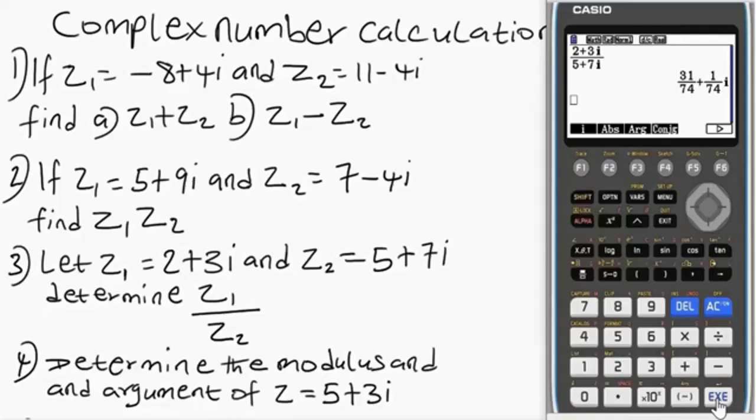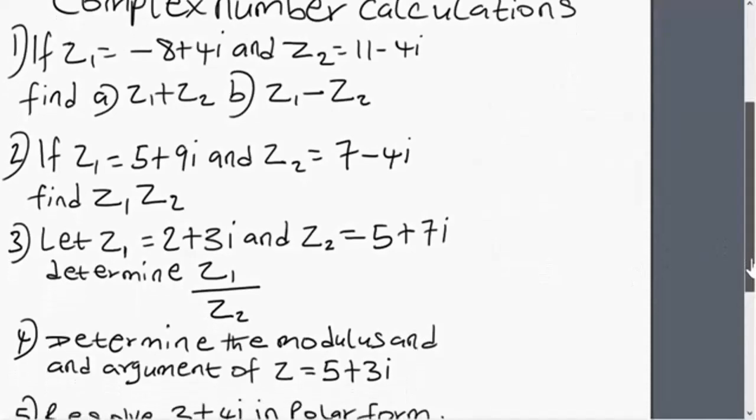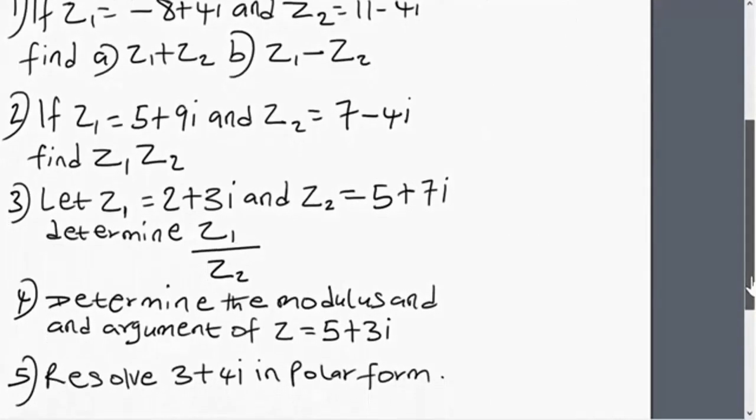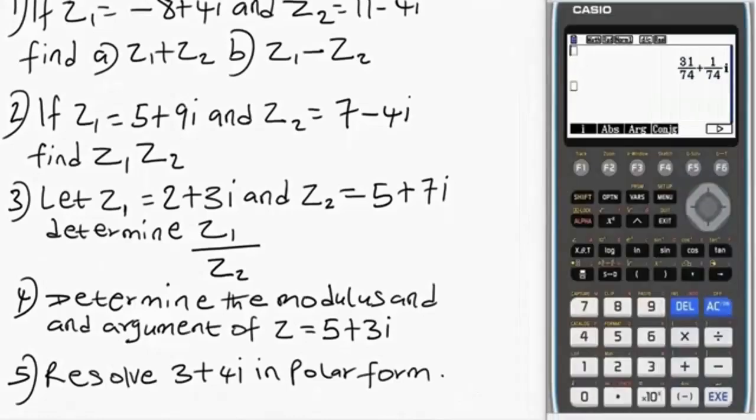Now we are making progress. Let's go to question 4. Let's adjust this here, delete everything here. Very interesting, guys. Now for question 4, it says determine the modulus and argument of this complex number z equals 5 plus 3i.